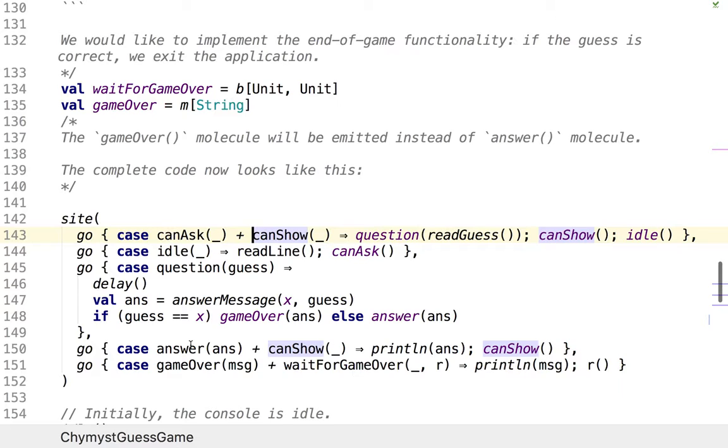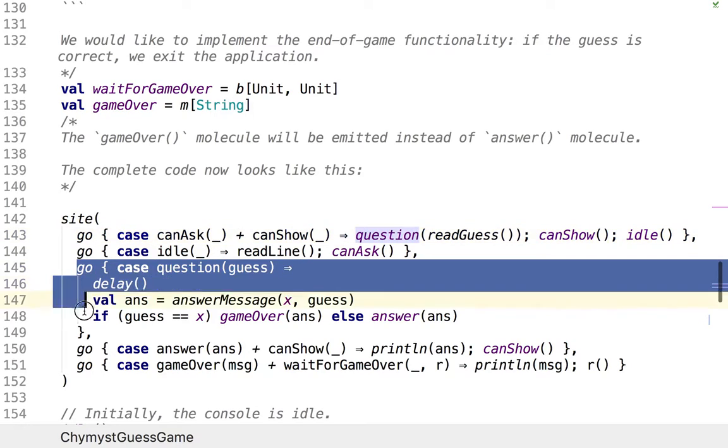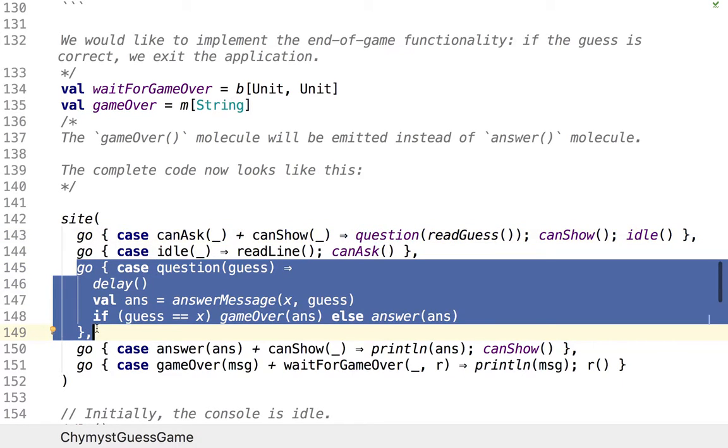And as we ask questions, the question molecule is emitted, and this molecule starts a reaction that executes a delay and then computes the answer. Now, if I ask 4 questions, then 4 of these molecules will be emitted, and 4 of these reactions are going on at the same time.